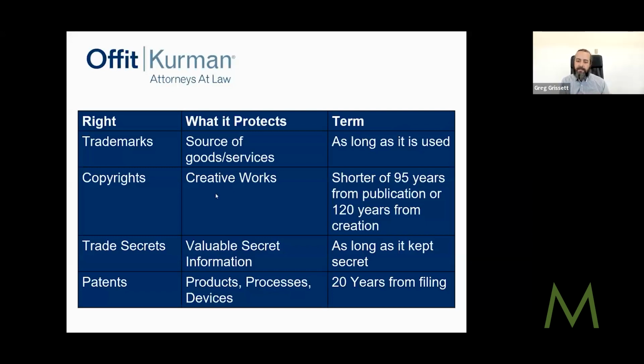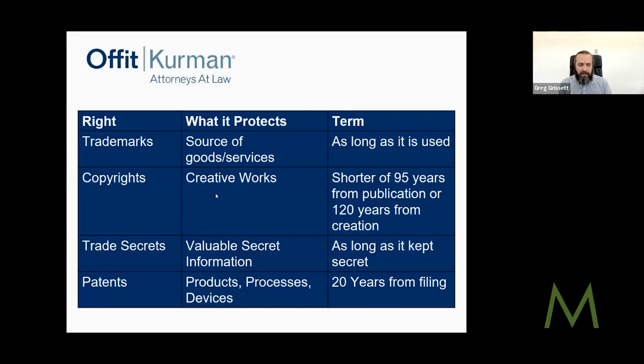We won't get into that in detail, but just know that a trademark is really protecting your brand. Copyrights, this is expressions, creative works. The easy ones are art, music, song, but it's literature. It's your web page. It's some parts of software. But anything that's expressed, not the idea behind it, but just its expression.